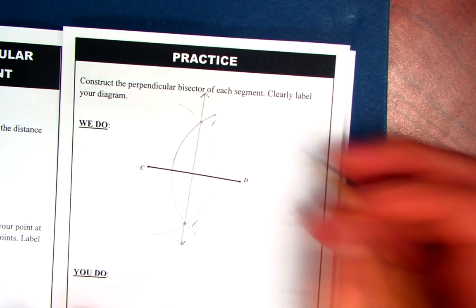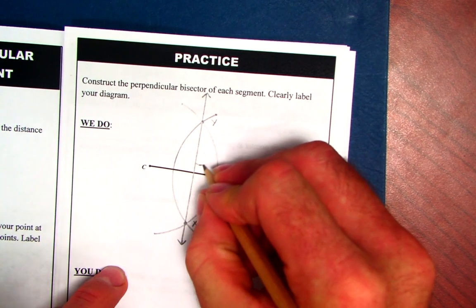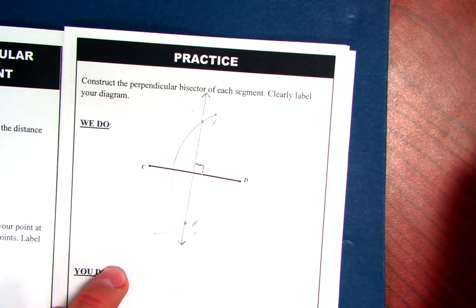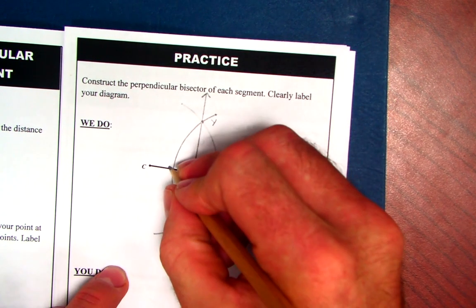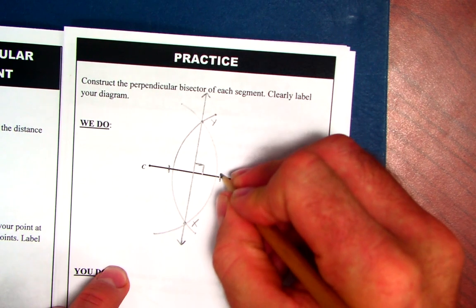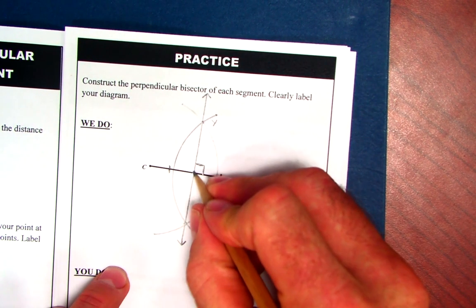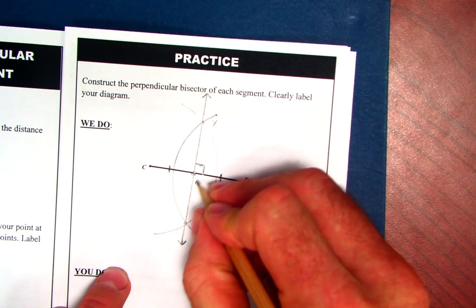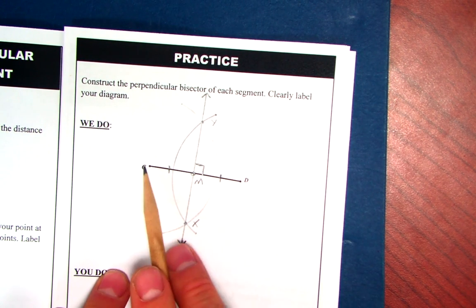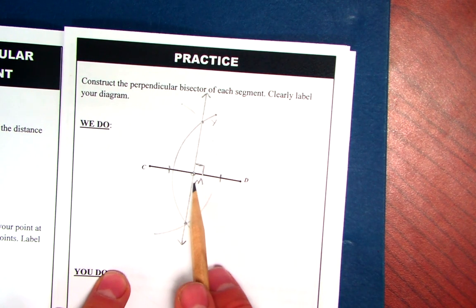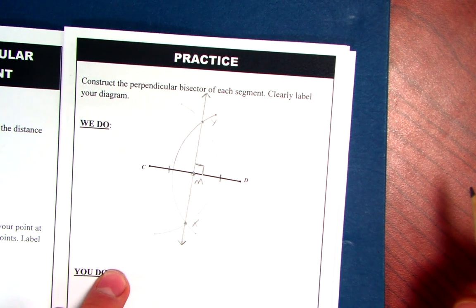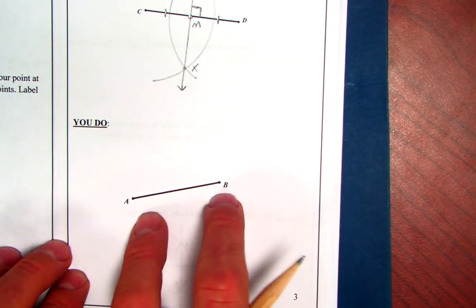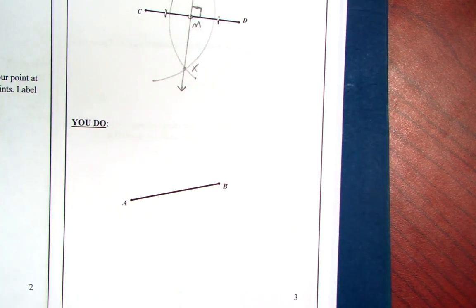And the way we're going to label that is, one, it's perpendicular. So that tells us those lines intersect at 90 degrees. And segment CM is congruent to segment DM. All right, go ahead and bisect or create a perpendicular bisector of this segment.